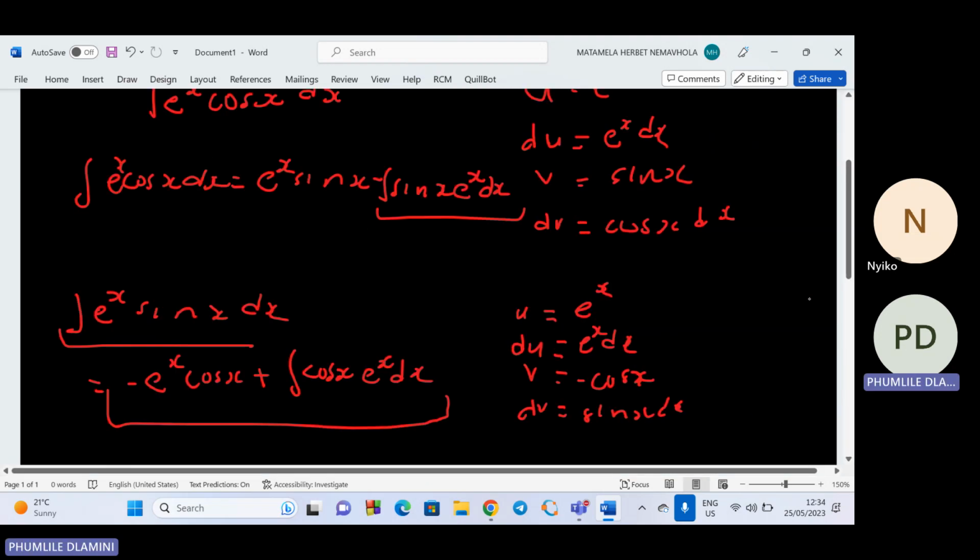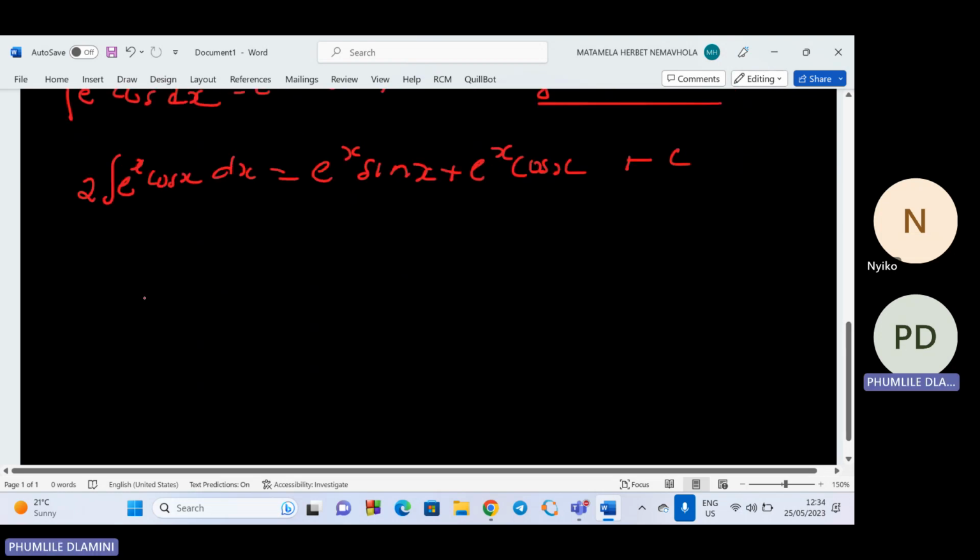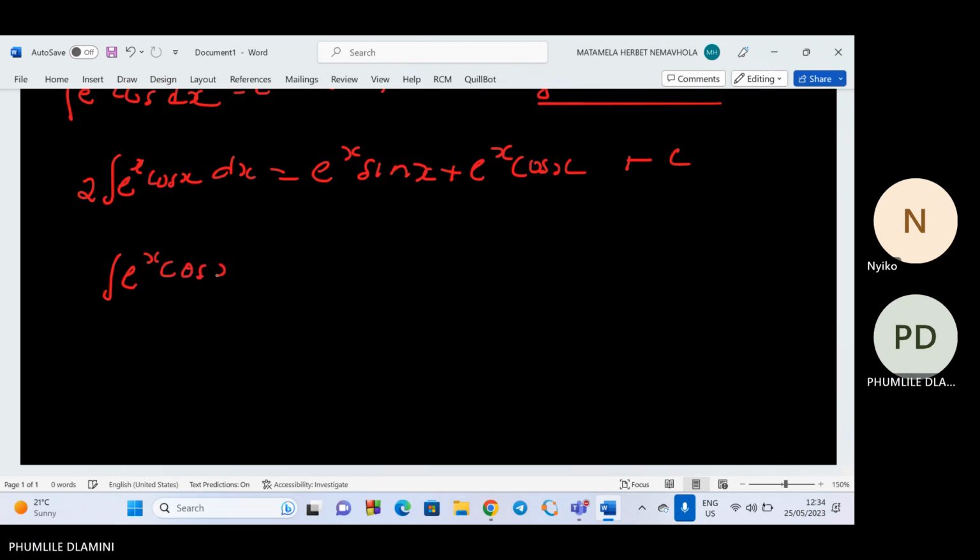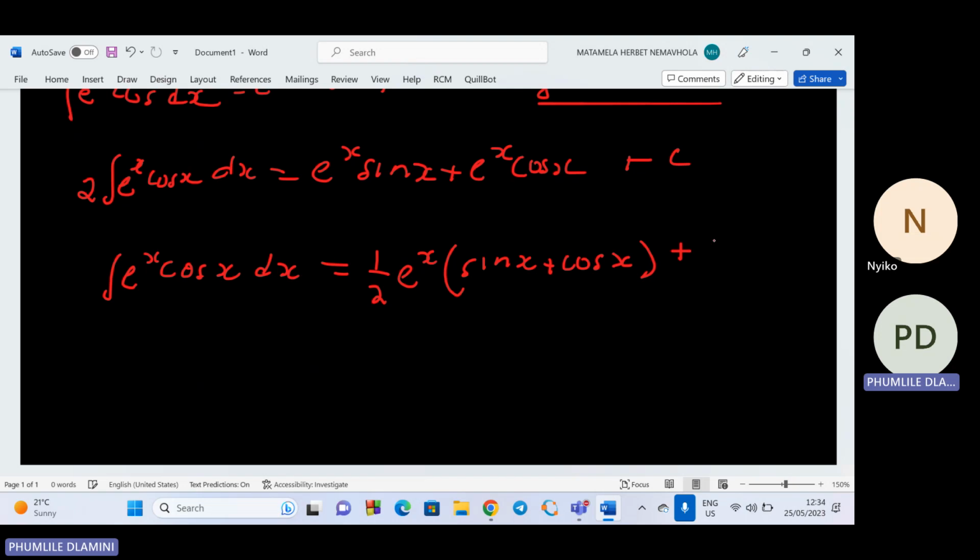When we divide by 2, we're going to have the integral of e to the power x cos of x dx equals 1 over 2. We can just simplify this as 1 over 2 e to the power x, for example, in brackets sine of x plus cos of x plus c.